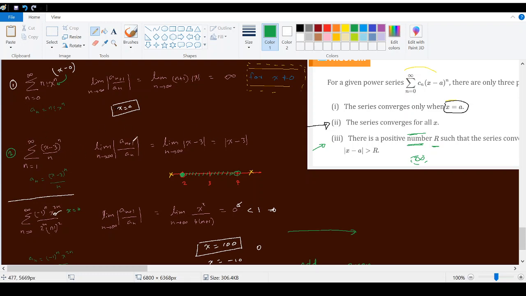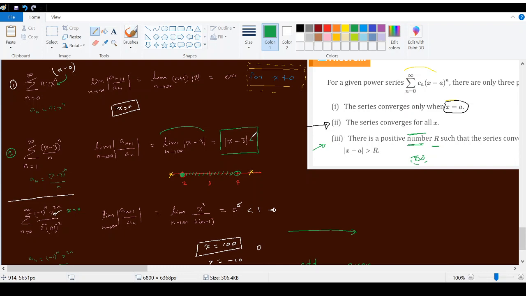So here from the ratio test, we saw that the limit was equal to this term, right? So from the ratio test, we even discussed this in the previous video.